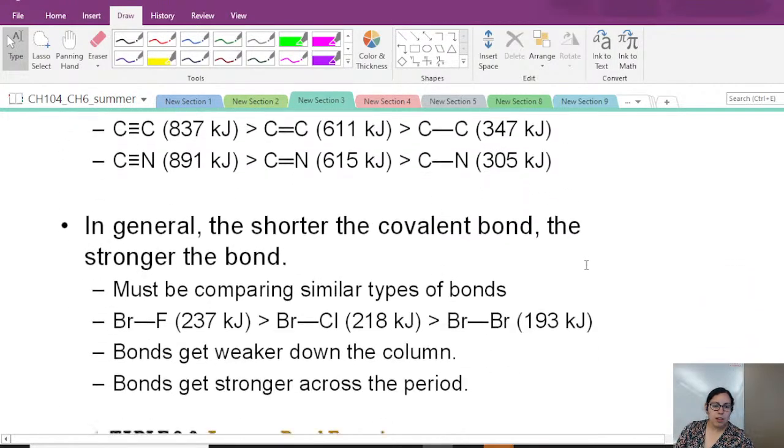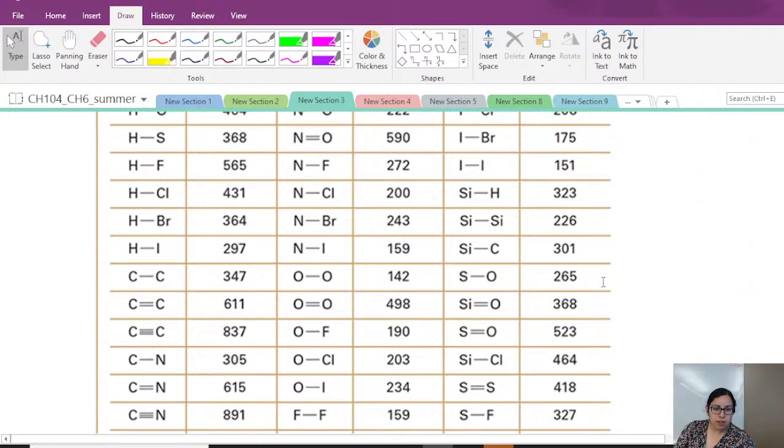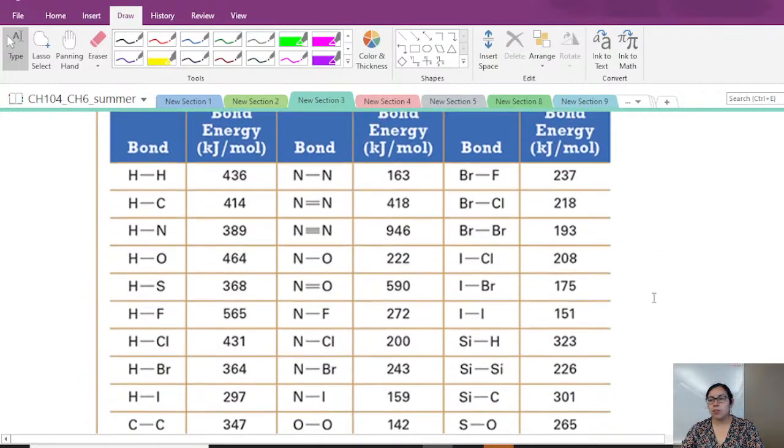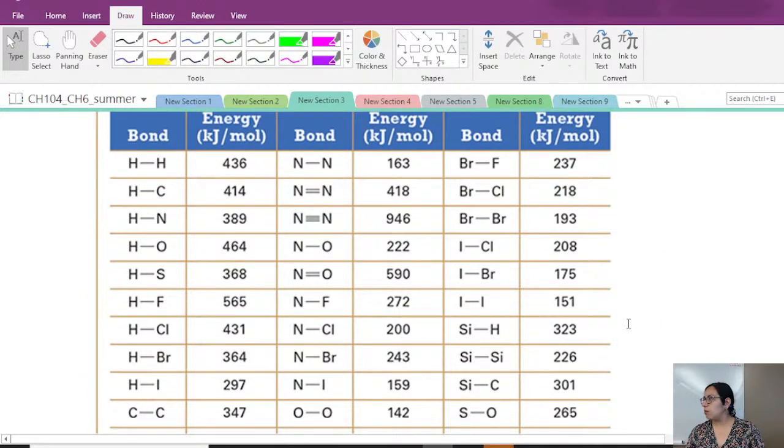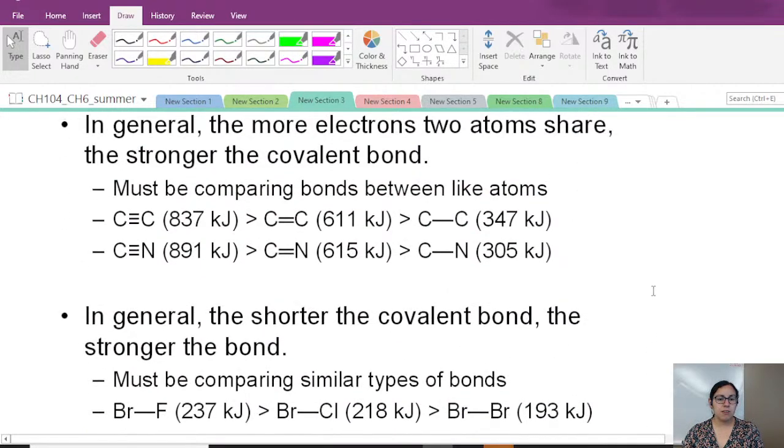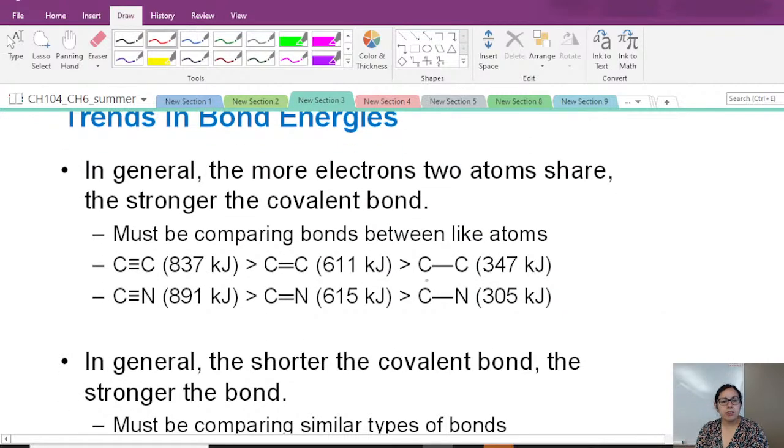And so just in general, so we'll look at some trends, but on an exam, I would either give you a chart or like give you all the bond energies you would need to know. And then we can just kind of compare trends. So in general, right, the more electrons two atoms share, the stronger the bond. That makes sense. And so again, these are just averages.